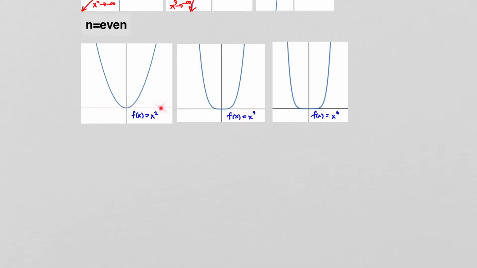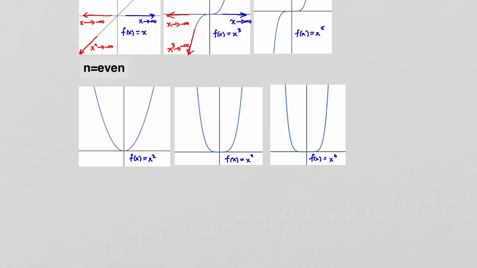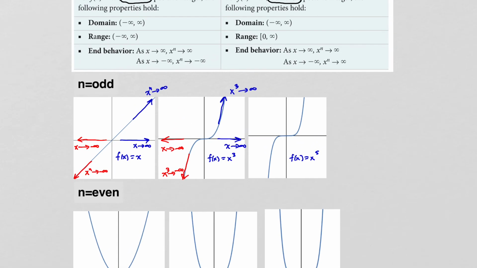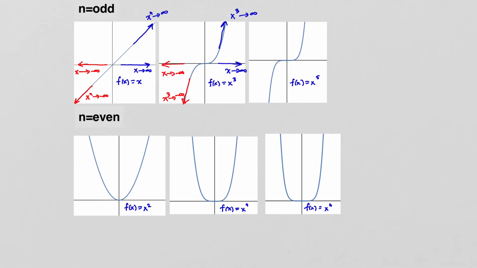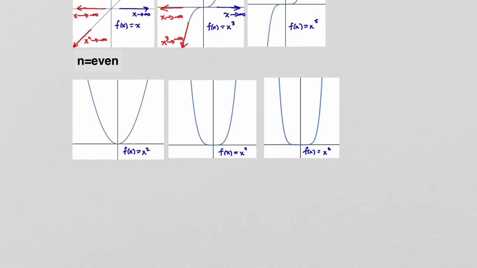And you can see the domain is all real numbers for all of these. But you can also see that you do not get any negative y values. There is no graph down here for any of these. So that is why the domain is all real numbers, but the range starts at y equals 0 and goes to infinity. Now the end behavior is also a little bit different.